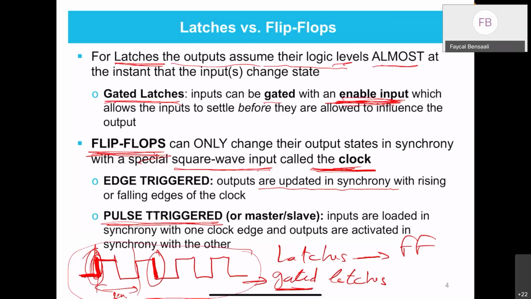The output will be updated based on all inputs, but with more control from some specific inputs. For the flip-flop, we have the clock, and for the gated latch, we have the enable input. And for the normal latches, the output just depends on the other inputs.